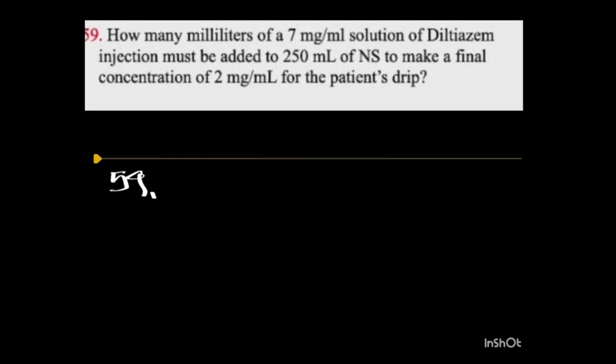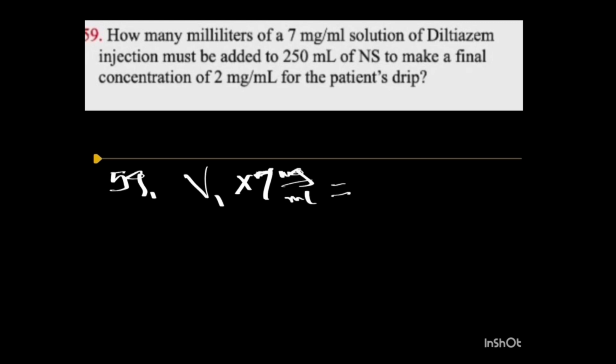I'm going to say V1 for X milliliters. That was what we're trying to find, times 7 milligram per ml. It doesn't matter if this is in percentage strength or milligram per ml. It doesn't matter. They're the same on both sides.